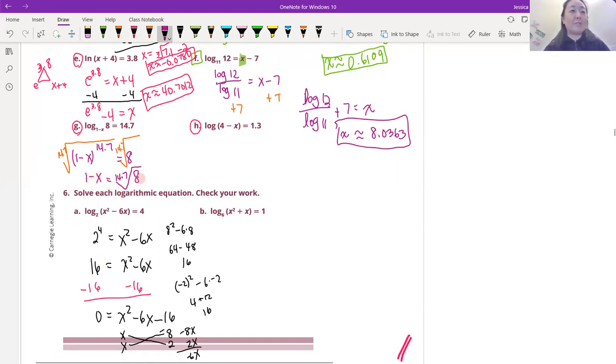And then how do we get rid of this guy? If I add x to both sides, I get x plus the 14.7th root of 8 is equal to 1. And then I'm going to subtract this right here.